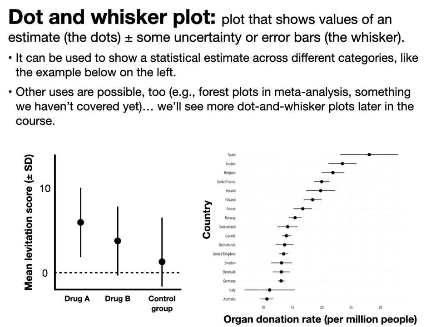And here's another example. This is from a real analysis. These are a bunch of different countries along the vertical axis, and along the horizontal axis, we've got dot and whiskers plotting the organ donation rates. So how many people per million are organ donors?